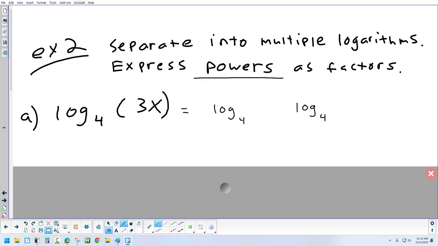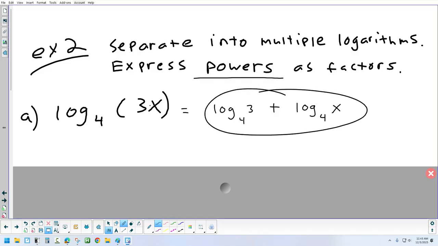Are the 2 logs going to be added or subtracted? Added. Yep, they're going to be added because it was multiplication. And what's going to be the argument to the first log? 3. And the second log? X. So that's how you take one log and split it into 2.